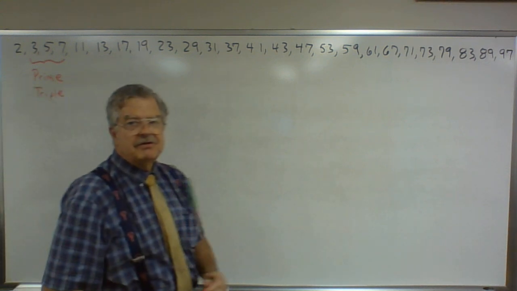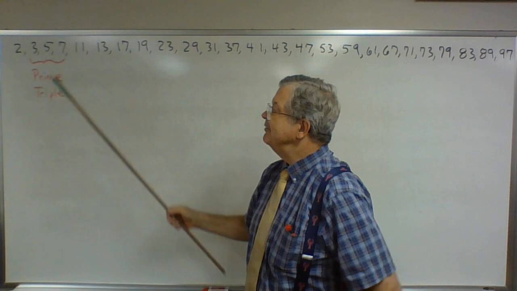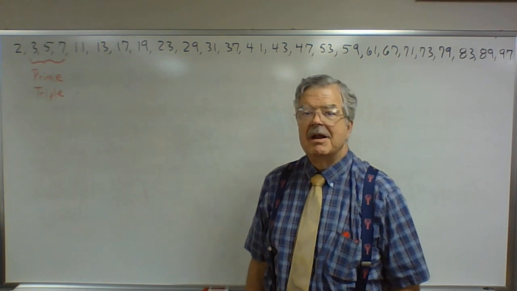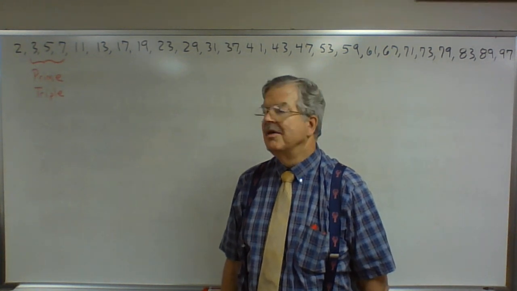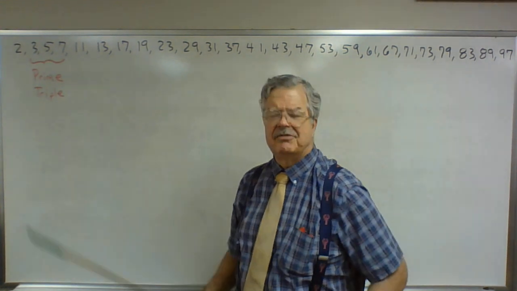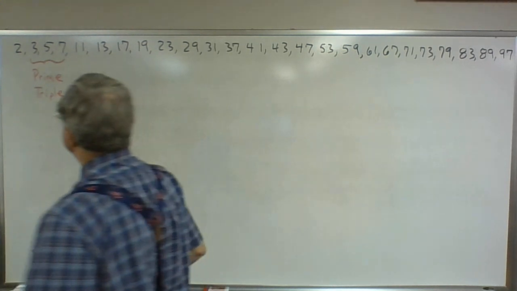We call this set of prime numbers, 3, 5, 7, a prime triple. And a prime triple is 3 consecutive prime numbers. And maybe I shouldn't use this term.